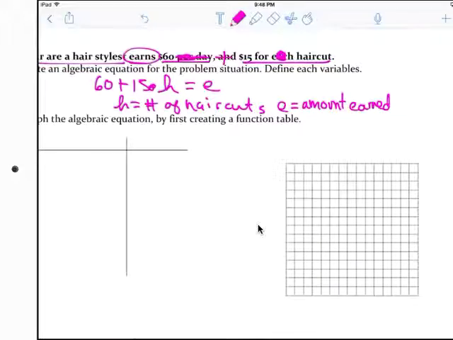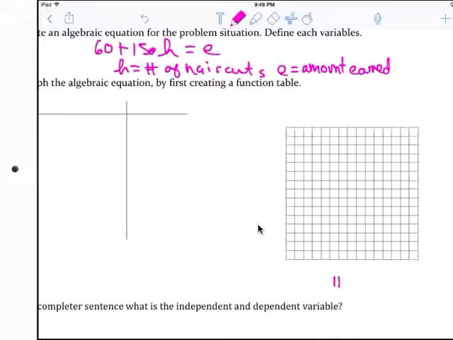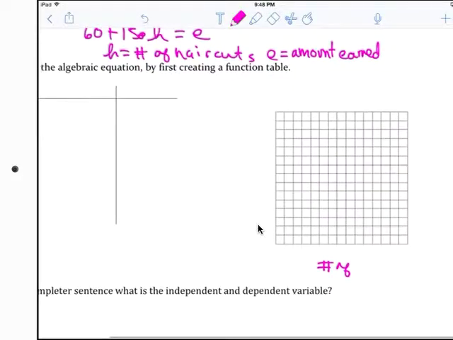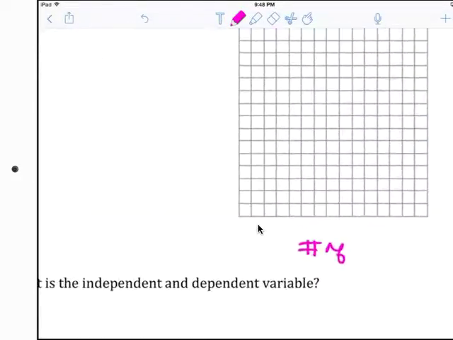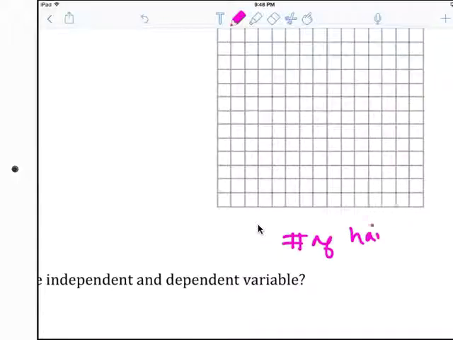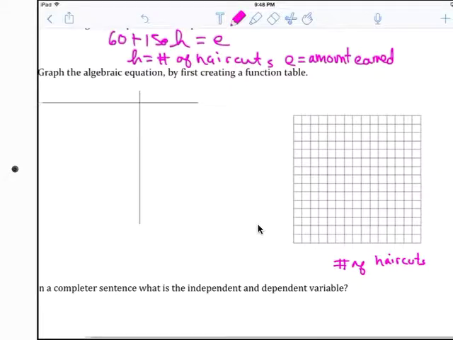So H is the number of haircuts. And then this is the amount earned.